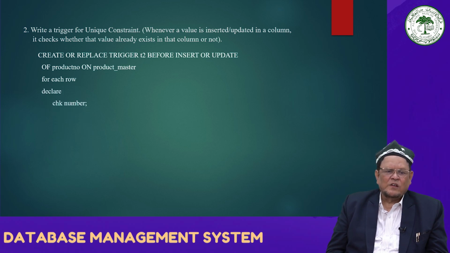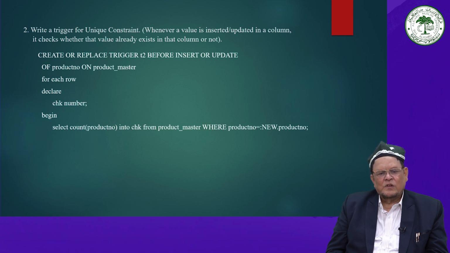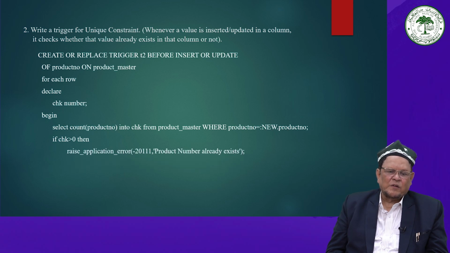Then you have to declare check number, begin, select count of product number into check from product master, where product number is equal to new dot product number. If check is greater than 0, then raise application error 20111, product number already exists, end if.